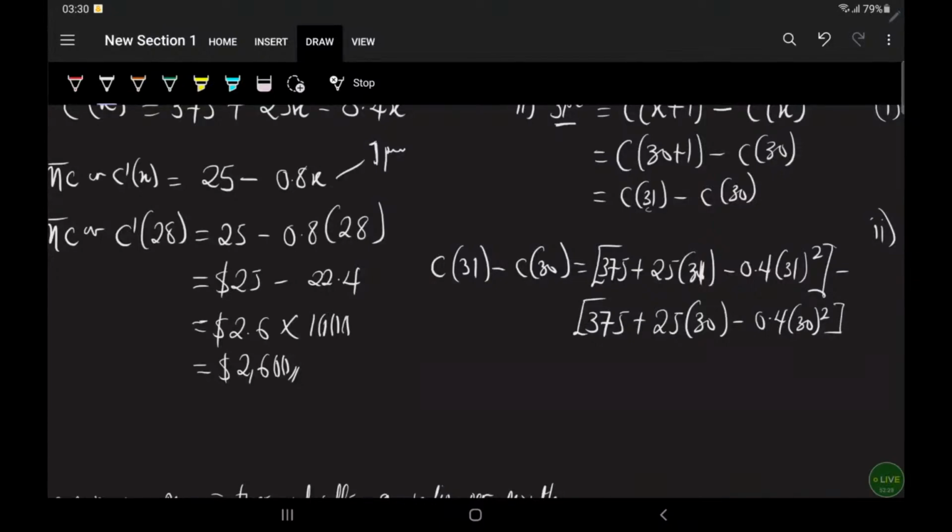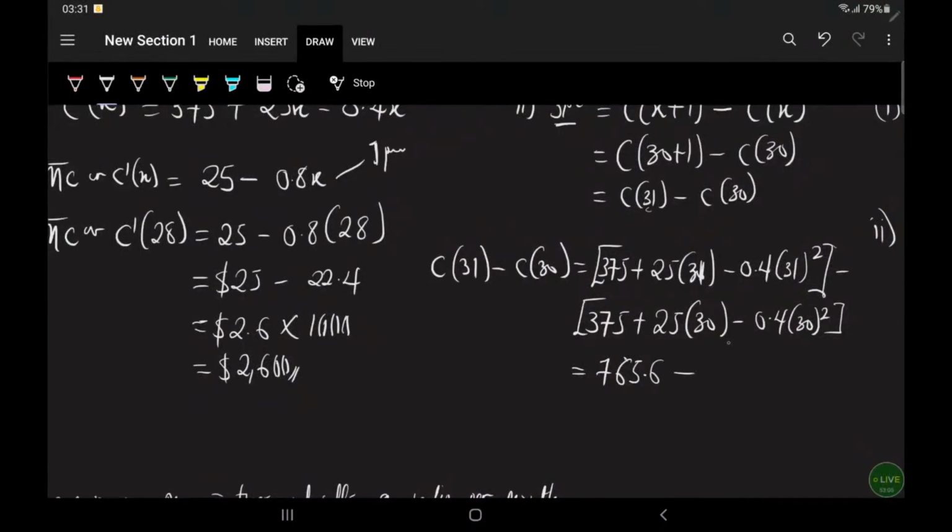Is that okay? So in my case, with my calculator, when I computed 375 plus 25 multiplied by 31 minus 0.4 multiplied by 31 all squared, I had my answer to be 765.6.